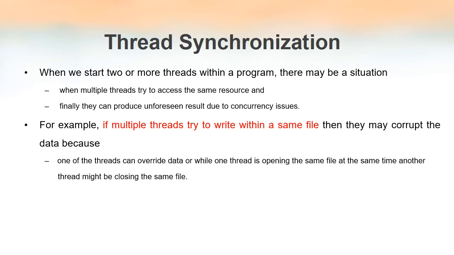The data inside file 1 may be corrupted, because when thread T1 is trying to write something into this file, thread T3 might have written something else. Similarly, when T3 is trying to write, thread T2 might have written something else. Since all these 3 threads are working in parallel, we cannot expect the final content inside this file.